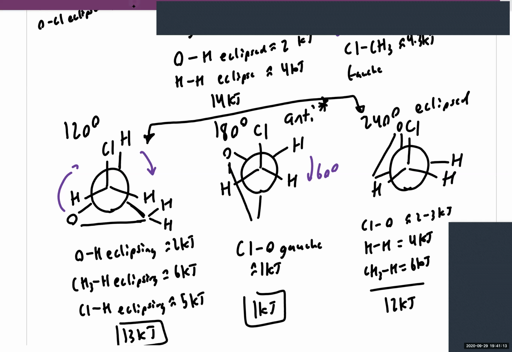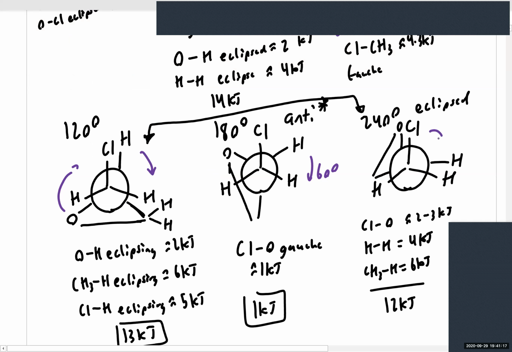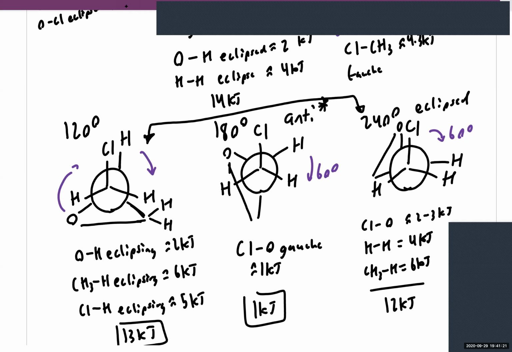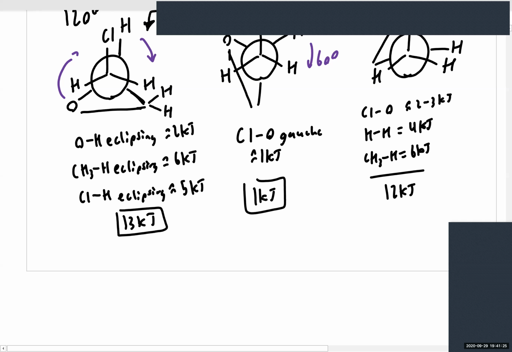Finally, after one more carbon-carbon bond rotation, we get our 300-degree structure. So again, we draw our front substituents in the same location. We now have our back substituents.